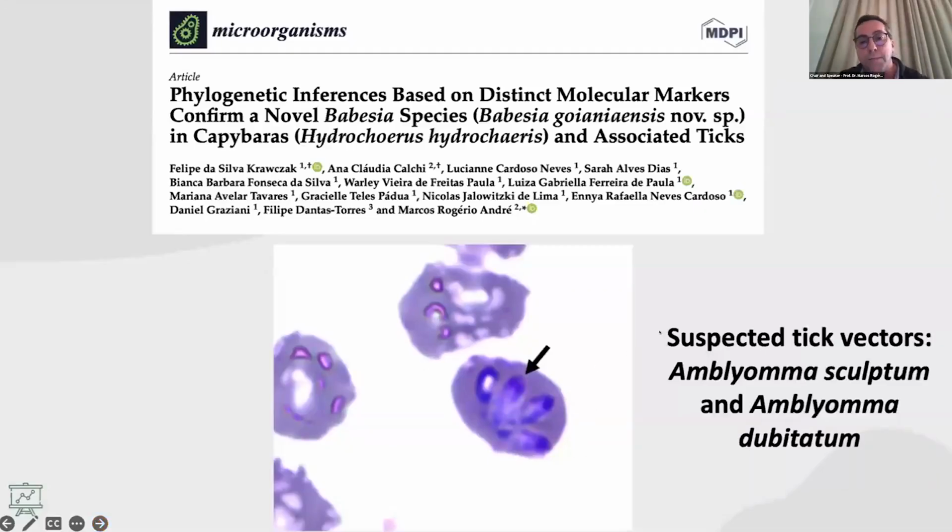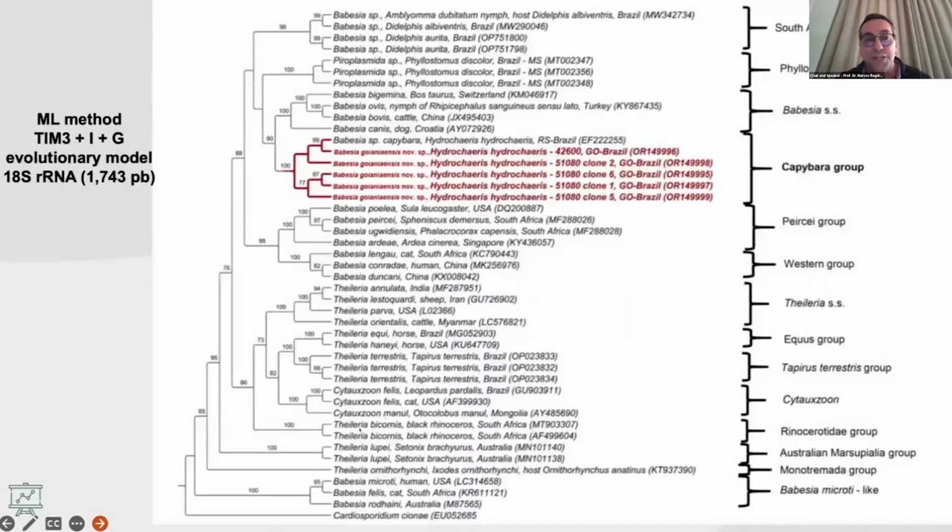In a collaboration with colleagues from central western Brazil, we detected a large Babesia in blood smears from capybaras. What about the phylogenetic position of this putative novel Babesia?